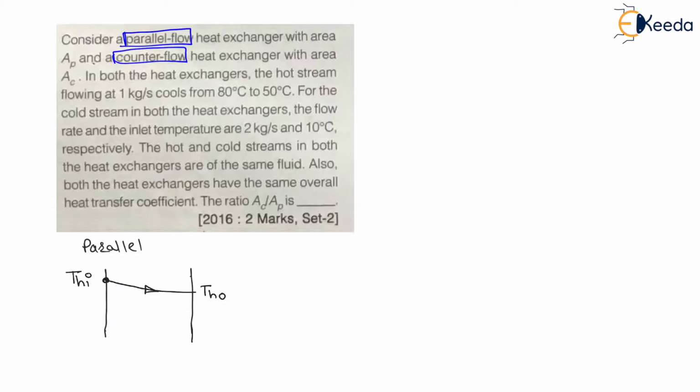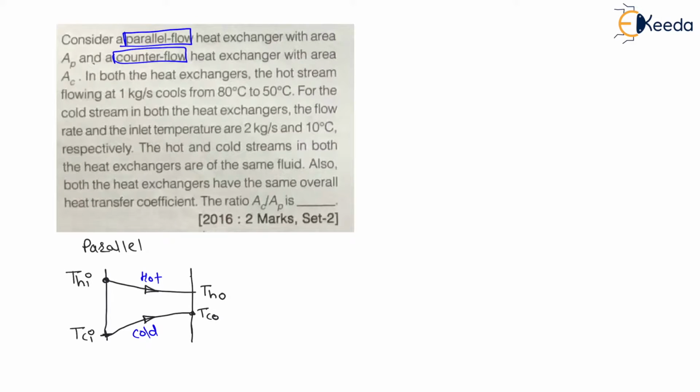Cold fluid entry will be on the same side, therefore TCI, and cold fluid temperature goes on increasing, therefore the exit temperature of cold fluid will be higher, which is nothing but TCO. Right. This arrangement is called parallel flow heat exchanger. Here it is a hot fluid, and here it is a cold fluid.